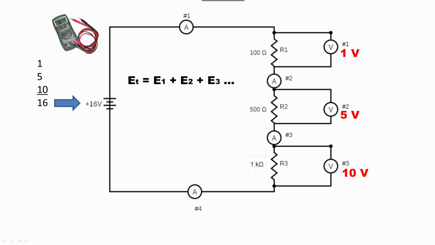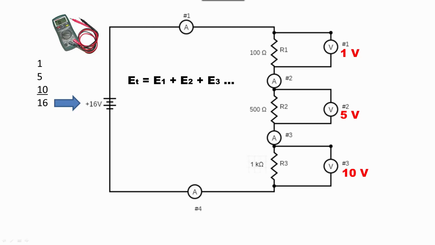Another thing that we notice is that the voltage drop across the resistors is proportional to the size of the resistor. Again, this is no coincidence and is always the case. Since R2 is 5 times larger than R1, the voltage drop is 5 times as large across R2 as R1.